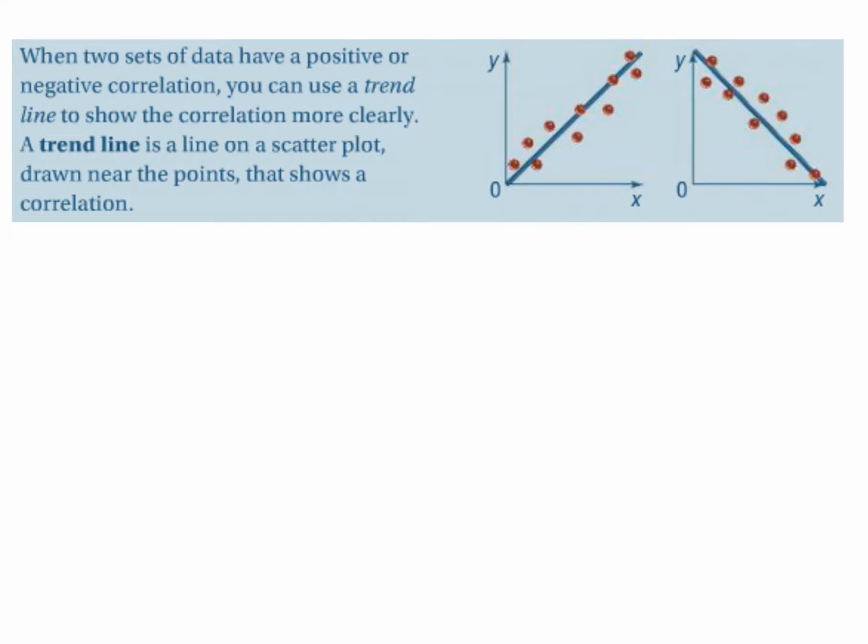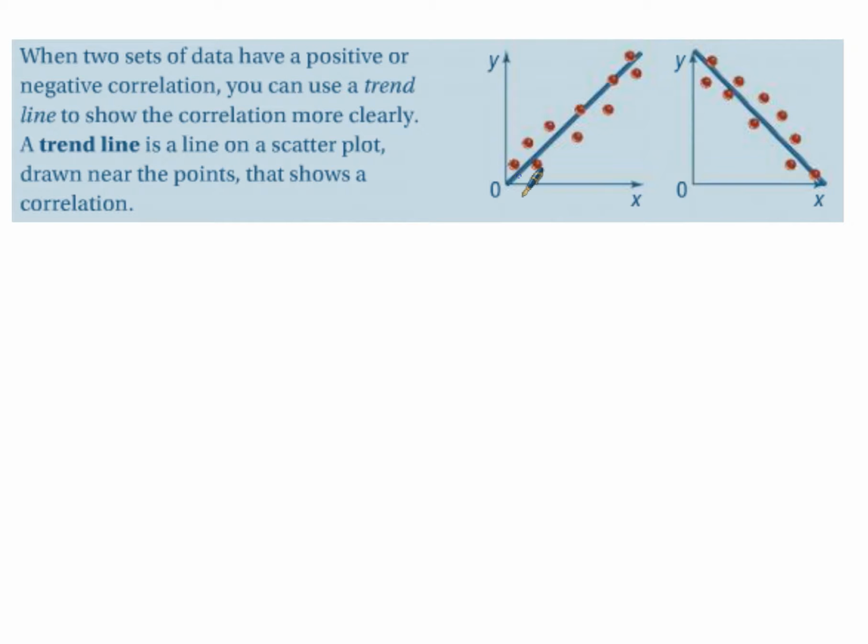When two data sets have a positive or negative correlation, you can use something called a trend line drawn here to see the correlation more clearly. A trend line is a line on a scatter plot drawn near the points so that it shows a correlation.